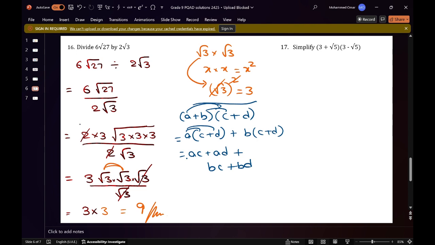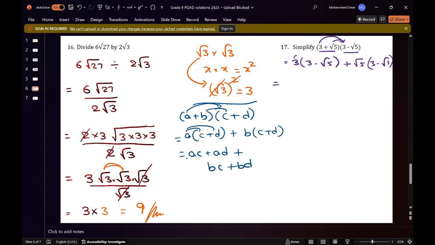Now 3, this is the first expression, this is the second expression. So you have to distribute 3 to the second expression. Can I write it as 3 times 3 minus root 5, and in between you have plus root 5 times 3 minus root 5? Can I distribute like this? Okay.